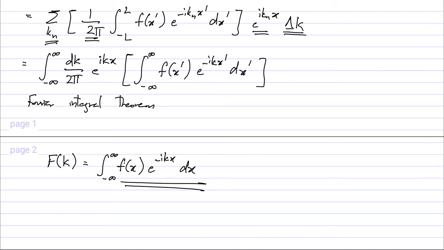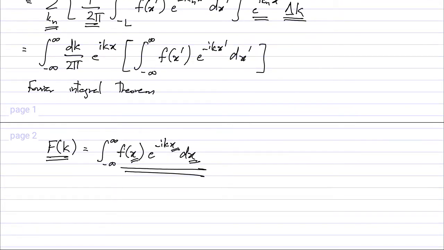It will be the same function of k, because you have the integral from minus infinity to plus infinity. It doesn't matter what you use for the variable over here. You can use y, x, z, or x prime. You will have the same capital F of k in either case.